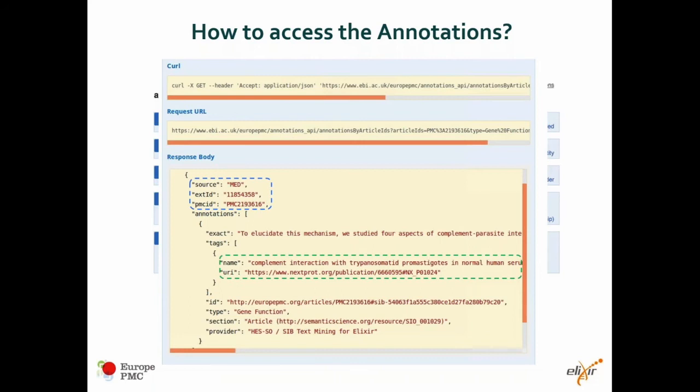It provides the specific annotation and the database it is grounding to. It provides information on which section of the article it is coming from, who the provider is, and what type of annotation it is. And also, you can retrieve the annotation URI. I will get back to the annotation URI in a bit.